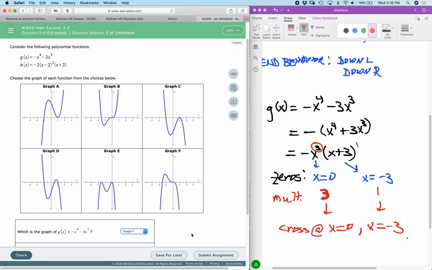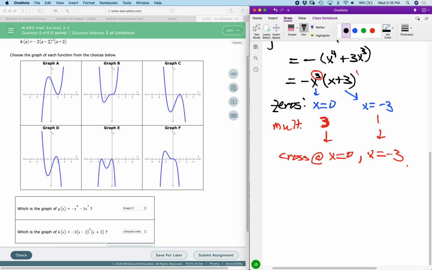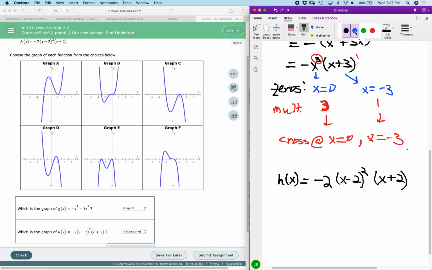Now for the function h of x, we have h of x equals negative 2 times the square of x minus 2, times the quantity x plus 2. For the end behavior, I look for the highest degree term.